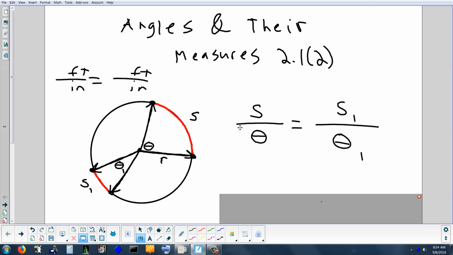That's what it means for things to be directly proportional. I'm just writing it out as fractions. Now, the problem is, if that's all you have, you can't do anything with that. You've got to have some numbers in there. That'd be like having a problem like this and just filling in 4 letters, A, B, C, D. Well, you've got to know something. And with feet and inches, we do.